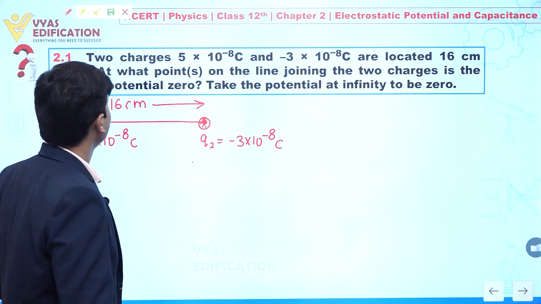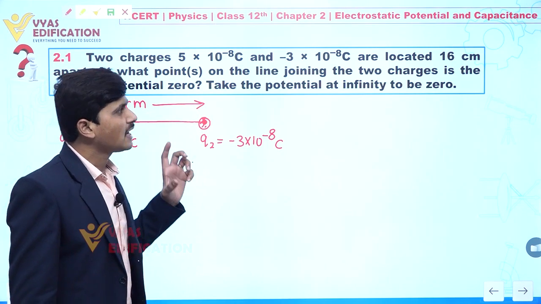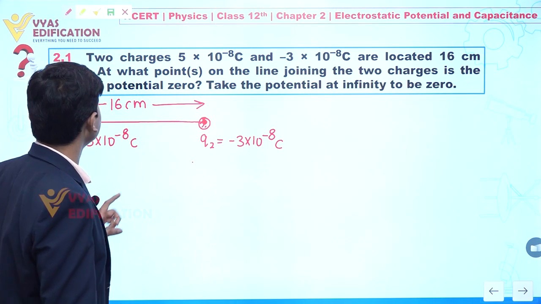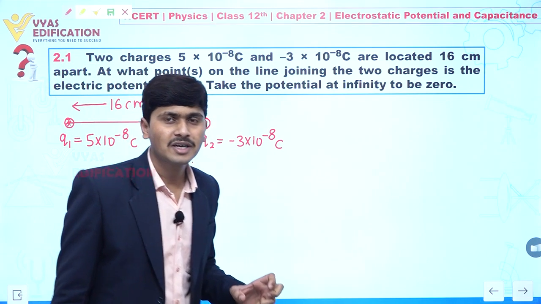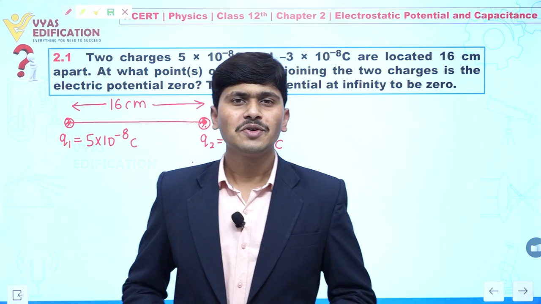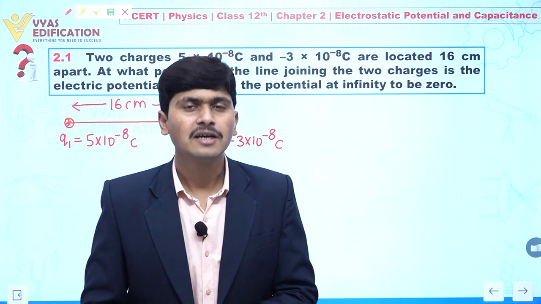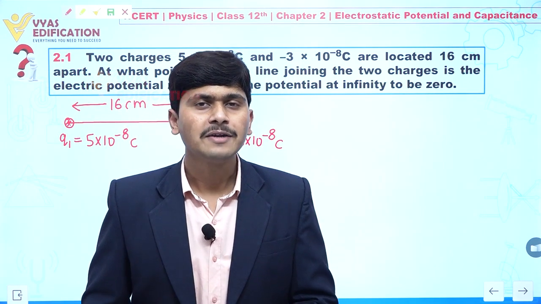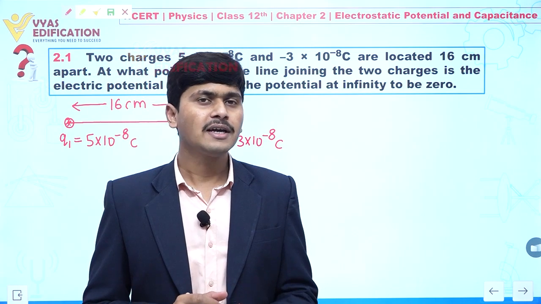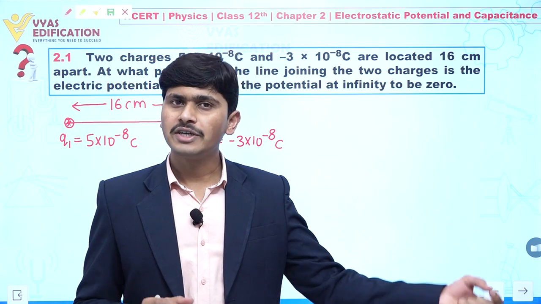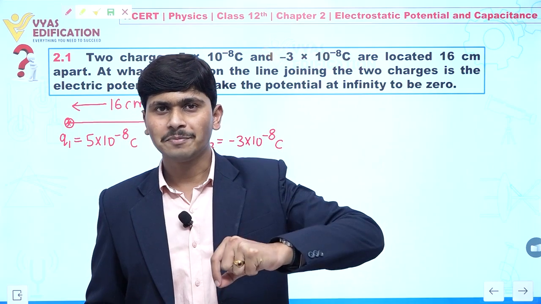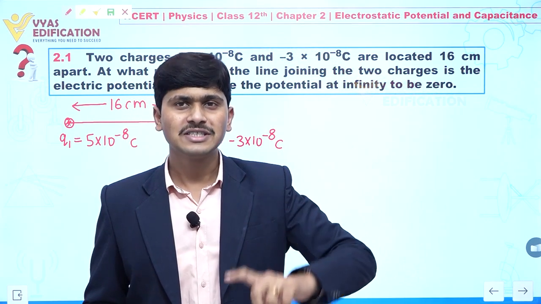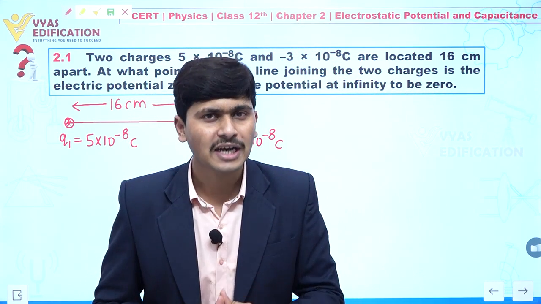Clear to everyone? Okay. At what point on the line joining the two charges is the electric potential 0? My dear student, you know what electric potential is. Electric potential is defined as follows: if we bring a test charge or a unit charge from infinity to a certain point, then the work done per unit charge is known as the electric potential at that point.